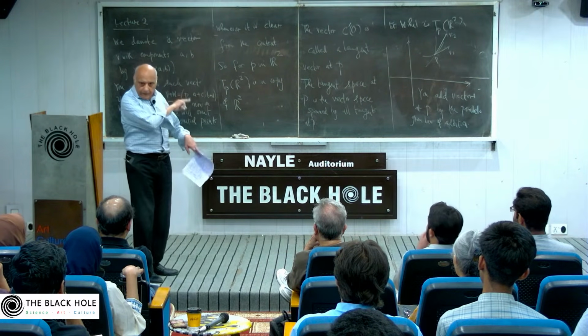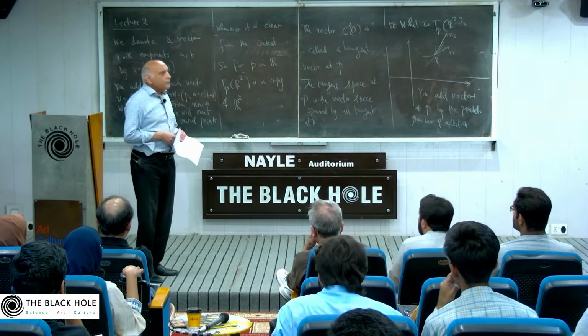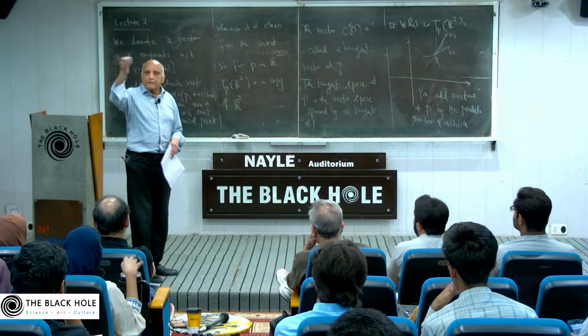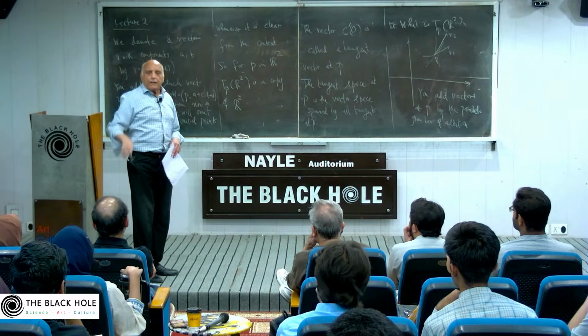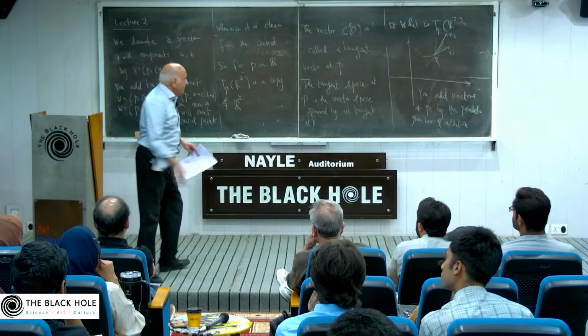Now the next thing I will write down, but let me first explain to you verbally. I want you to imagine a circle, right? So what are the tangents? Let me show it.